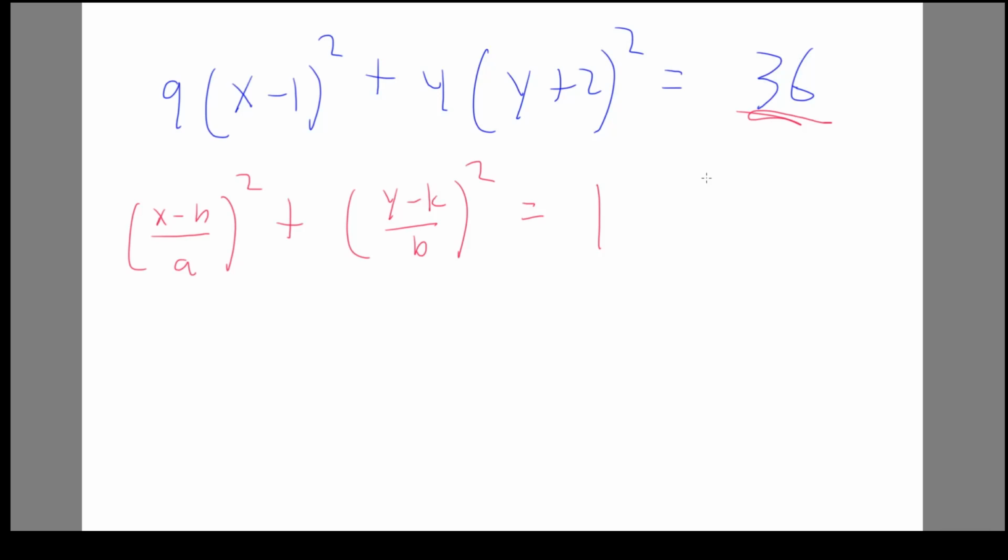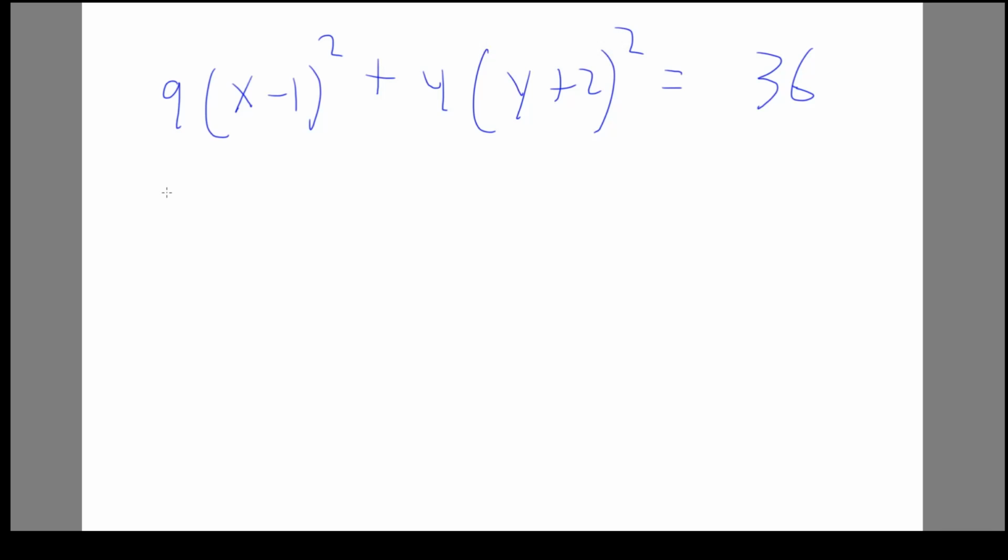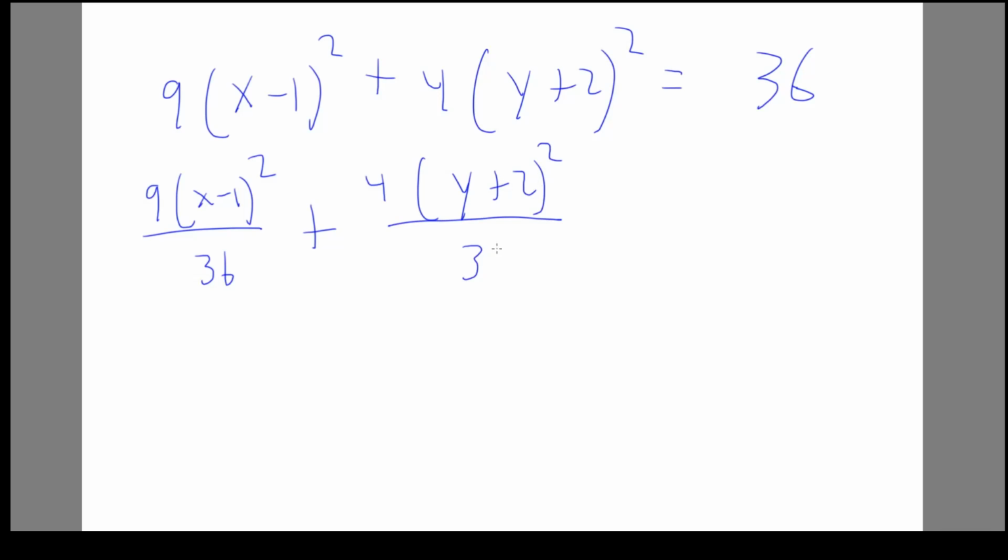So if we divide by 36 on both sides, we get 9 times (x minus 1) squared over 36 plus 4 times (y plus 2) squared over 36 is equal to 1.